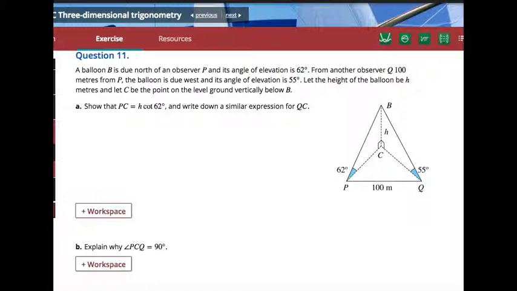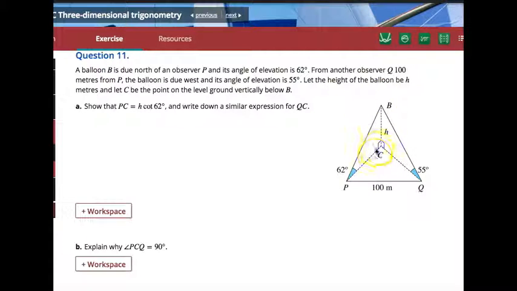The other 3D trigonometry type that you might get would be where you've got towers like this, or balloons or whatever, okay? And you're observing the balloon, for example, or the top of a tower from 2 different points, okay? So here, what we've got, girls, P, Q, and C are all sitting on the ground, and B is directly above point C, okay?